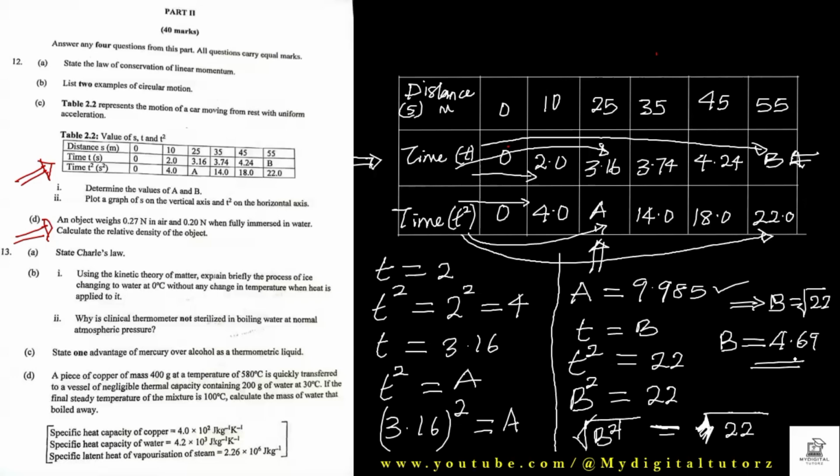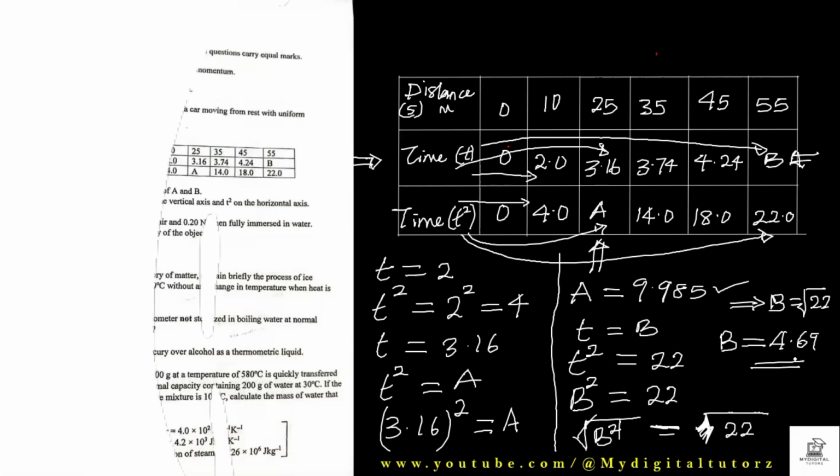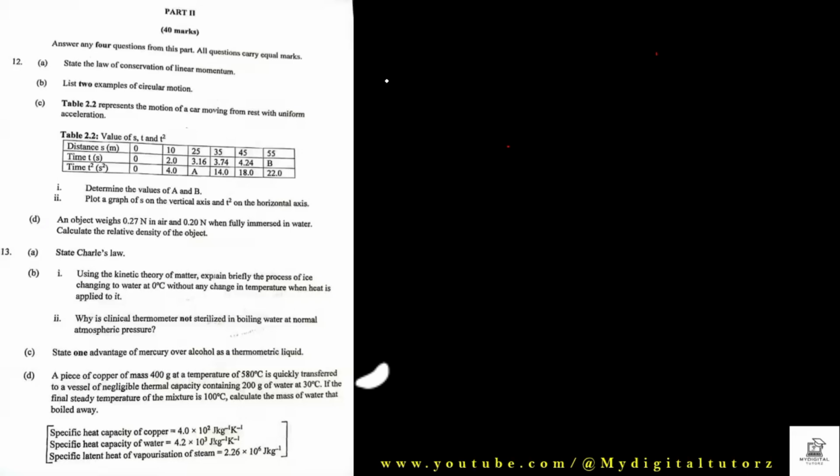I hope it is understood. So if this is understood, let's move to question 12D quickly. Here, an object weighs 0.27 Newton in air.